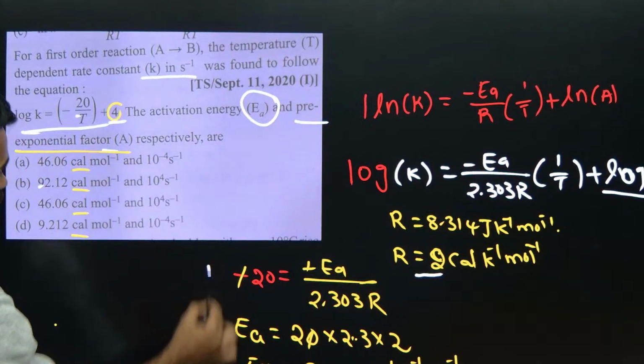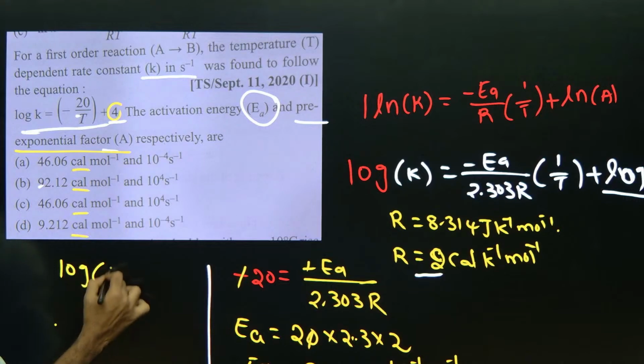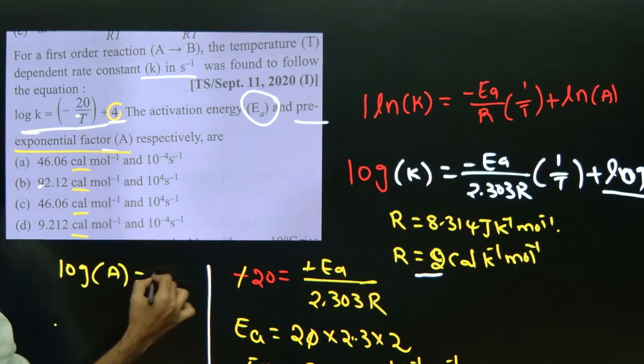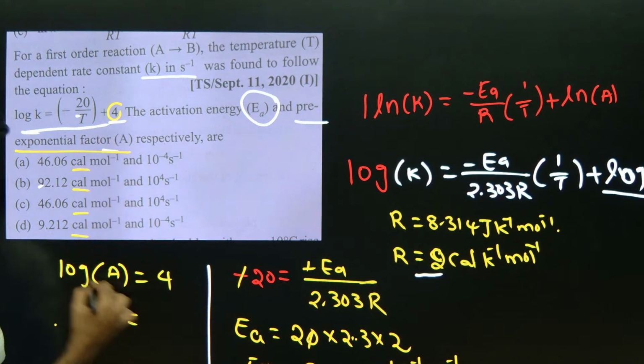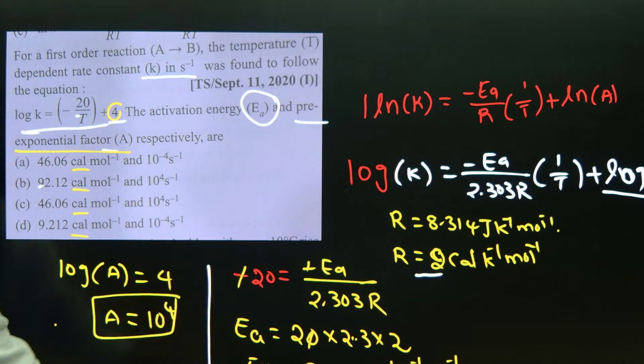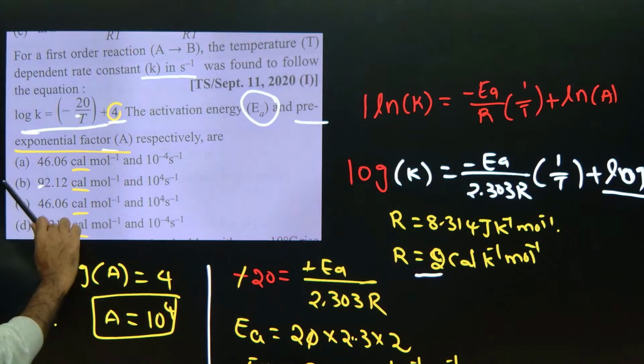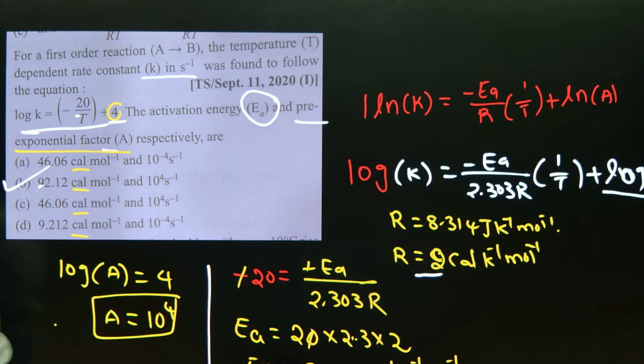By comparing both equations, we get log A is equal to 4. Then A, taking the antilog, is 10 power 4. So A is 10 power 4 and activation energy is 92.12. So here we have option B as our answer for the question.